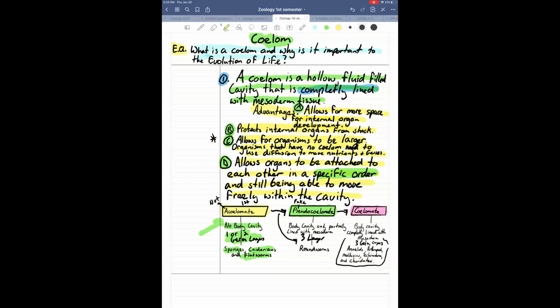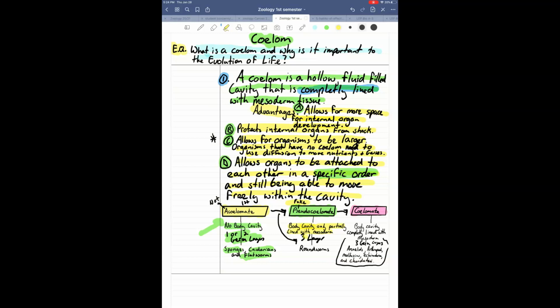Now, the second word that you need to know in regards to coeloms is pseudocoelomate. Now, pseudo means fake, anytime you see that in front of a word. So a pseudocoelomate is a fake coelomate. And it has a body cavity, so it does have kind of a coelom, a partial coelom, but it's only partially lined with mesoderm, so you don't see that third germ layer fully developed and fully being utilized to make a full coelom.